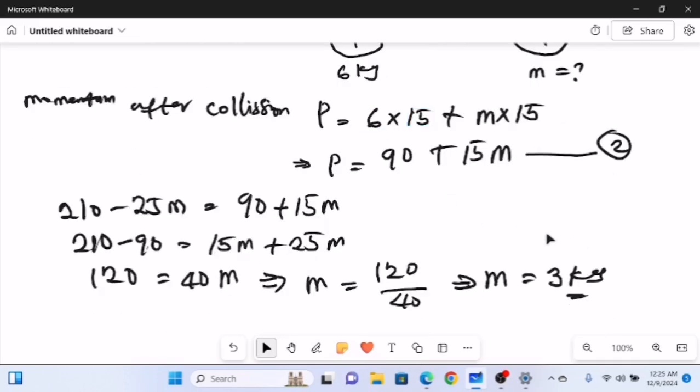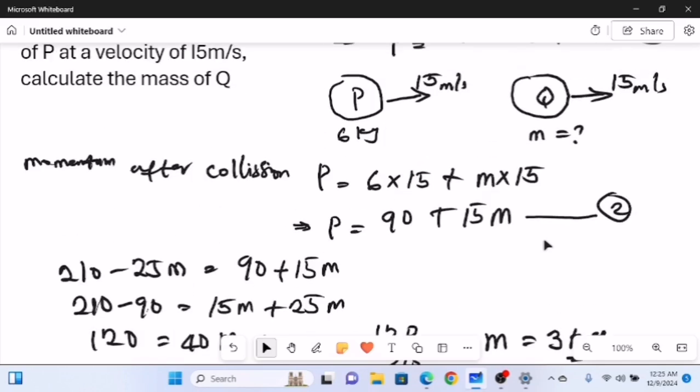So this goes as far as explaining what I said earlier, that regardless of the speed, if the mass of one is higher, when collision takes place and after collision, the two objects will move in the direction of the object which has a higher mass.